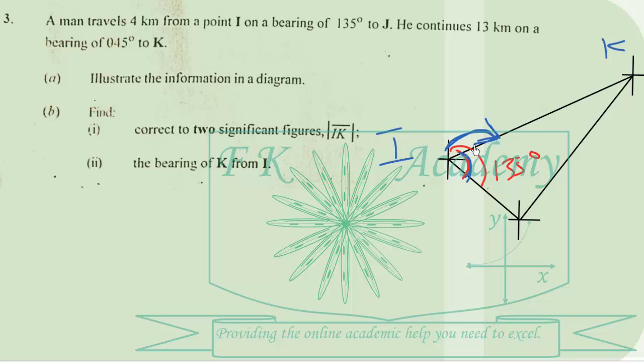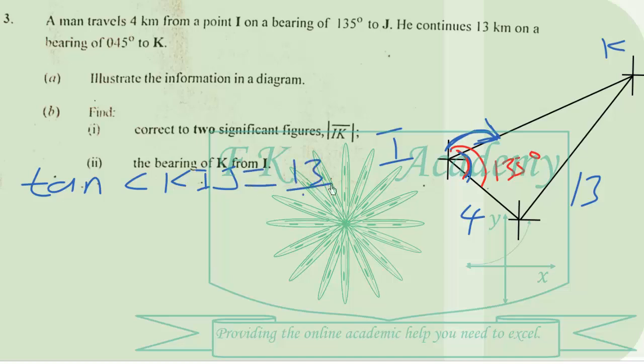So recall that this is 4 kilometers, this is 13 kilometers. So tan of angle KIJ will be equal to opposite over adjacent, 13/4, which is 3.25.